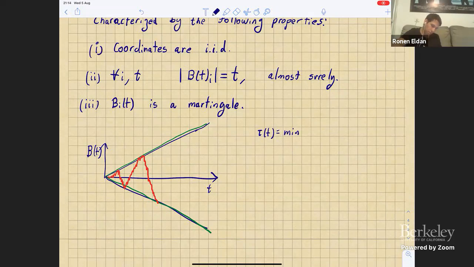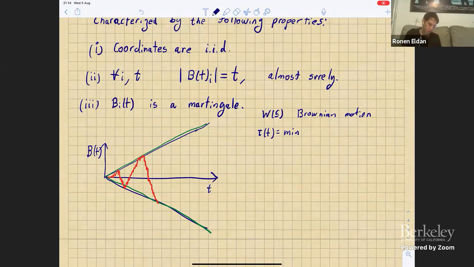Suppose that W of S is an actual Brownian motion in R, and define this continuous sequence of stopping times.